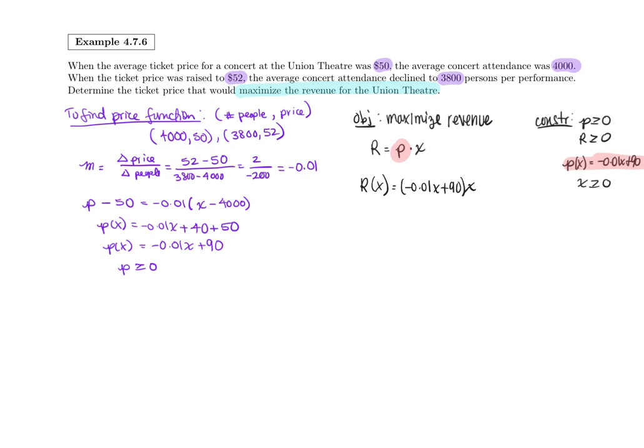Again, another constraint, and this is all related to the real world scenario in which we are trying to sell concert tickets.